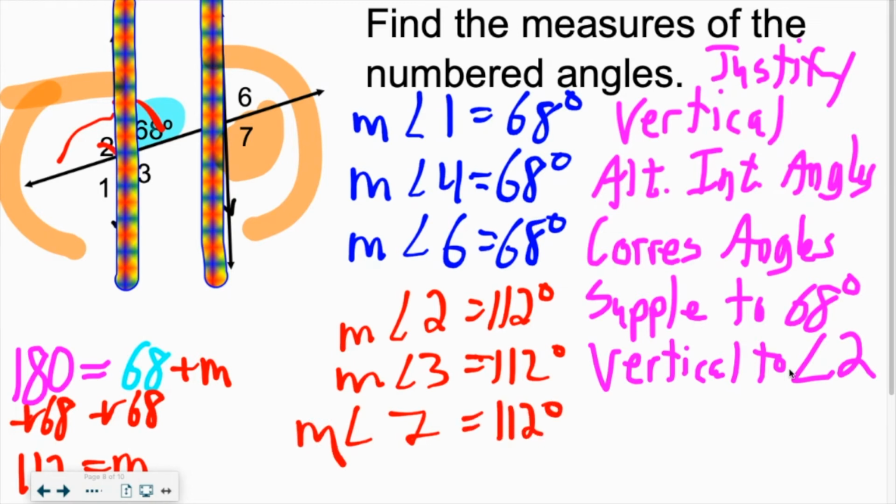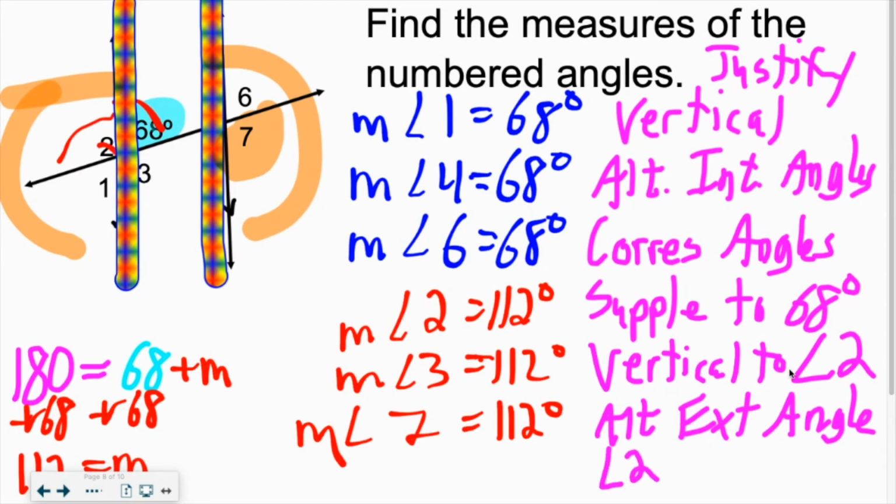Why? Because when you look at angle 2 and angle 7, they are alternate exterior angles. So I'm going to say this one, because it's a different one, I have to explain alternate exterior to angle 2. And that leaves me with just one more to get.